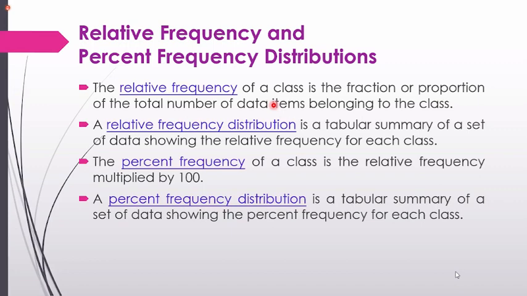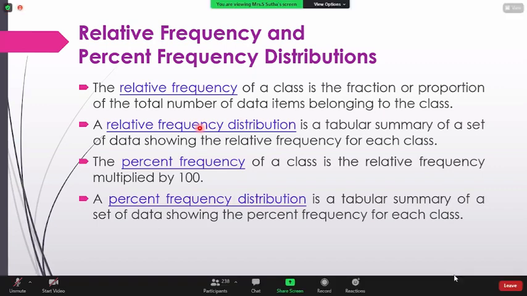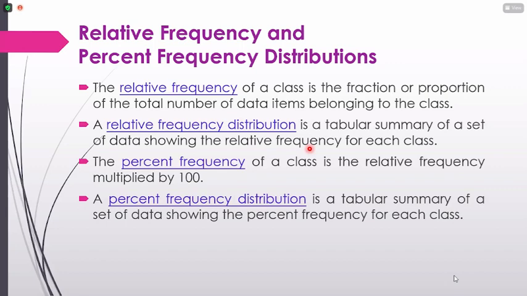The frequency of the class is divided by the total number of frequencies, then that number is called the relative frequency. And then relative frequency distribution means it is the tabular summary of a set of data showing the relative frequencies in non-overlapping classes.